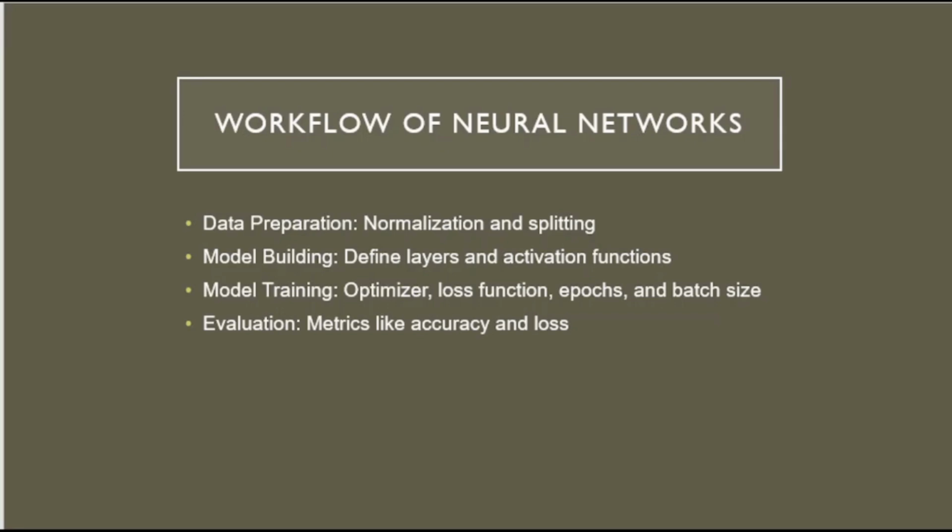It adjusts the weights and biases through an optimization algorithm, typically gradient descent, to minimize the loss. Evaluation and prediction. Once trained, the model is tested on unseen data to evaluate its performance. It can then make predictions on new data. This workflow is what makes neural networks so powerful. They continuously learn and improve with data.